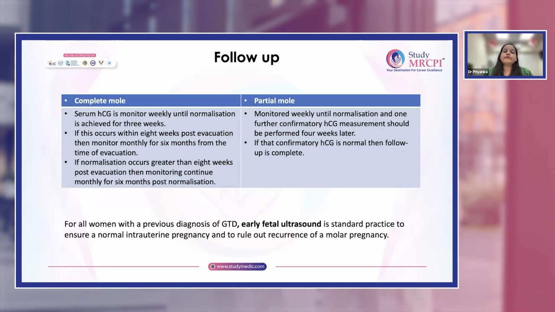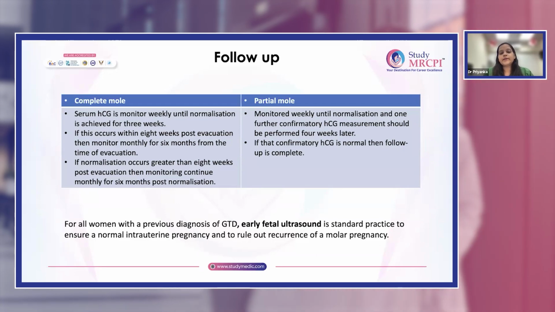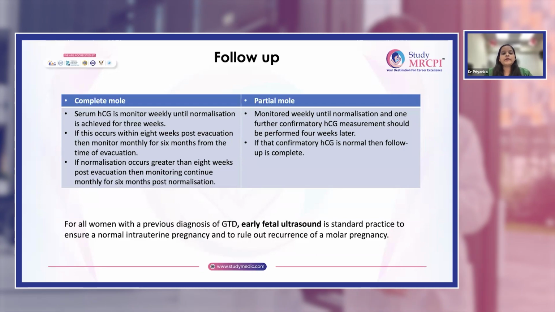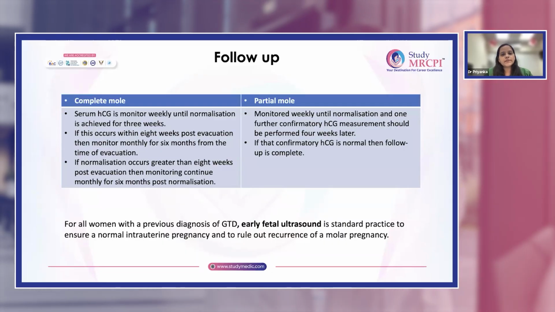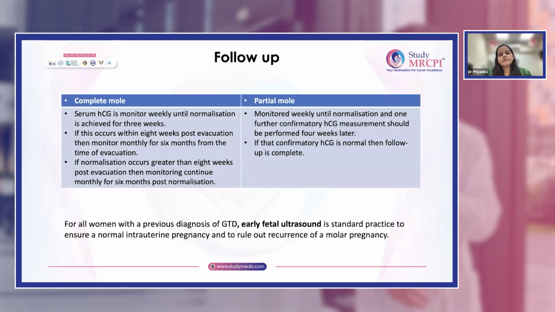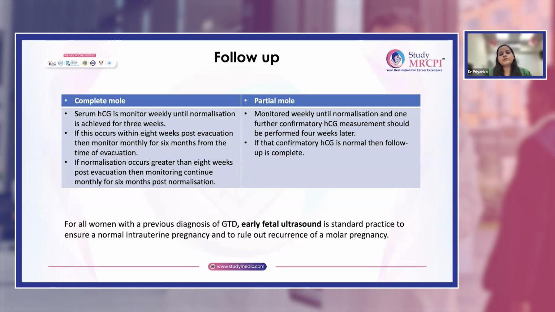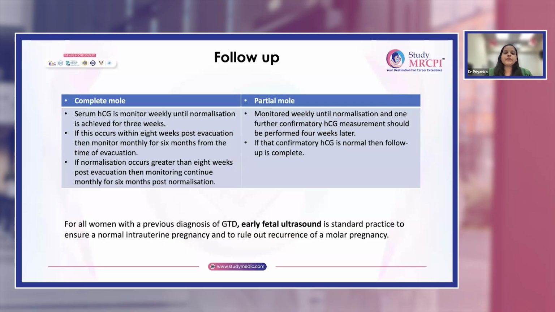And these points are very important for the written exam, because they can give the scenario that it had come to normal within 8 weeks or after 8 weeks. So what would be the management plan?